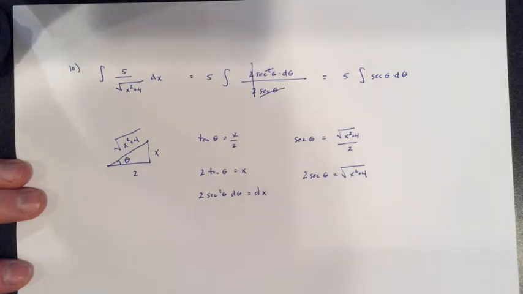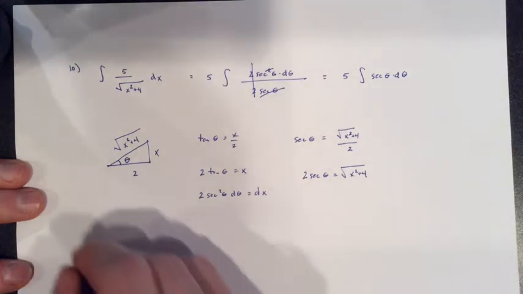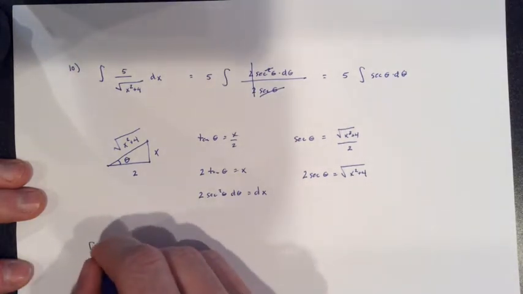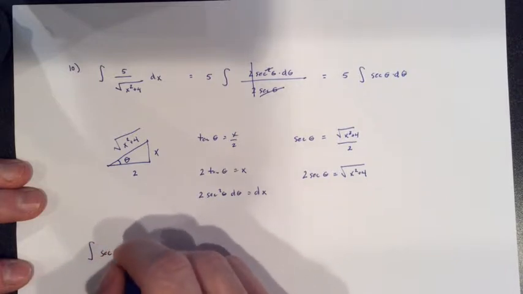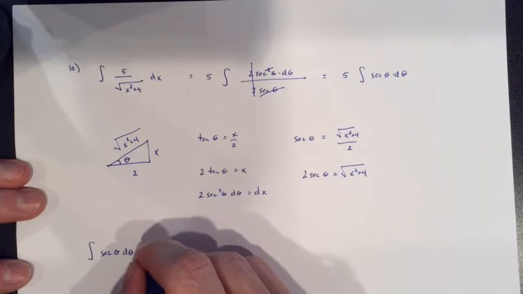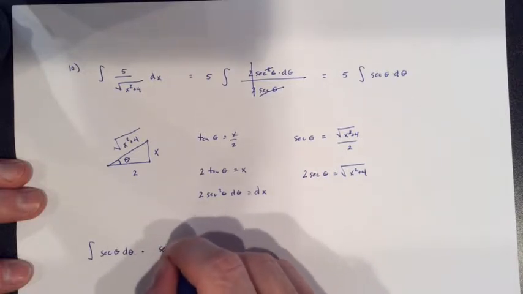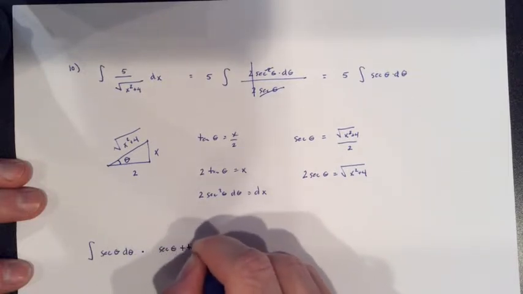Now that is an integral I showed you how to do in class. I said that, well, unfortunately, it's kind of this weird rule that if you wanted to do this, you could multiply top and bottom by something, and that something ended up being secant plus tangent.